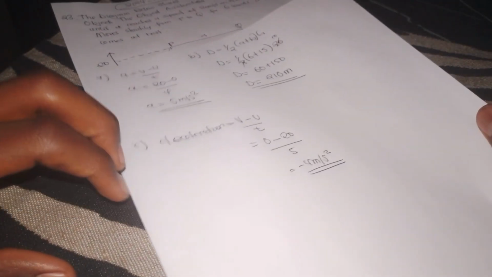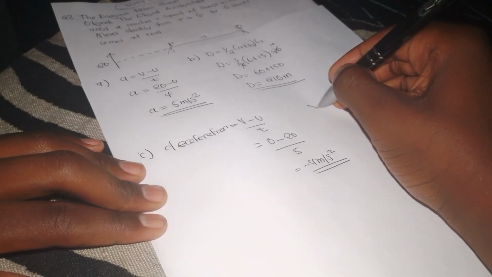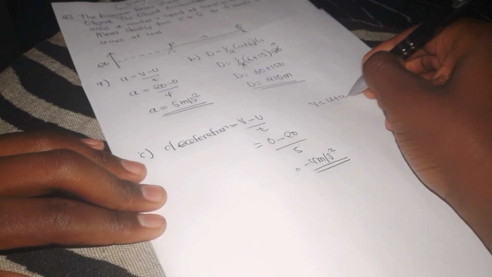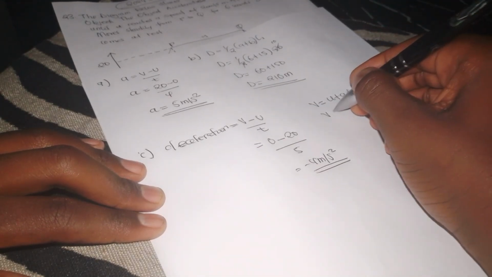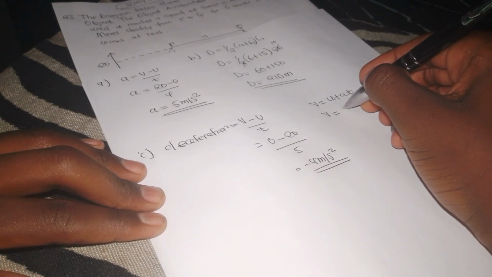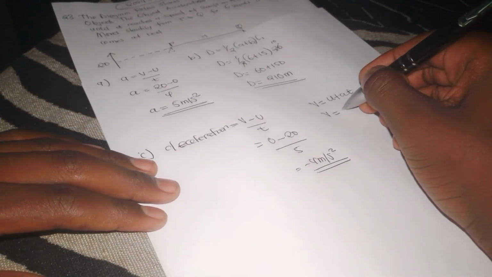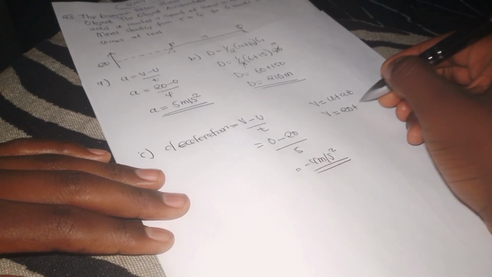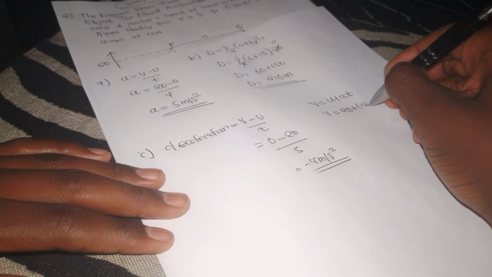Okay, so V is equal to U plus AT. Then V is equal to our initial, which is 20, plus our deceleration, which is negative 4.